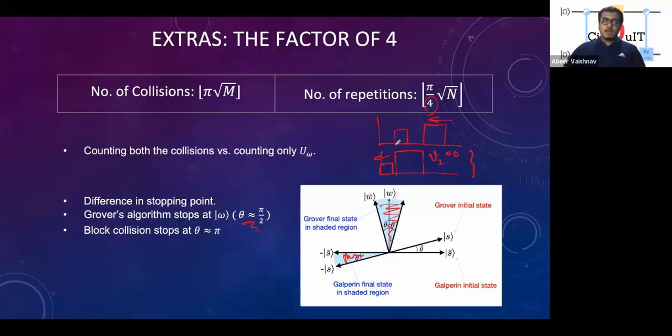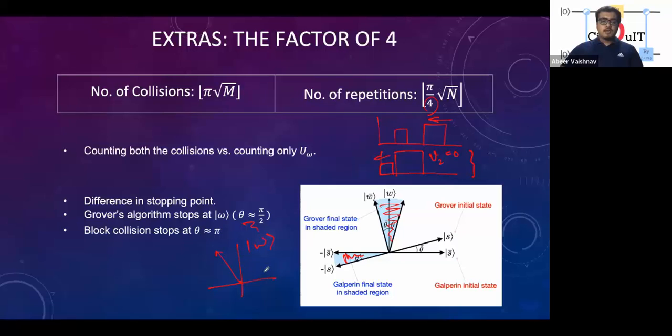So I think you're asking that if we continue the repetitions of Grover's algorithm even after this particular number, then what will happen is that again you reach the omega state, and then you continue further from there. So it would be something like losing the information that you have.